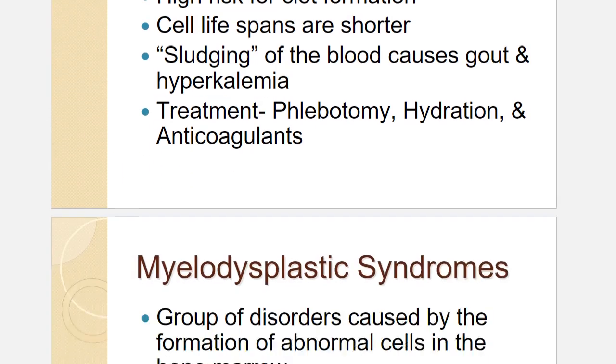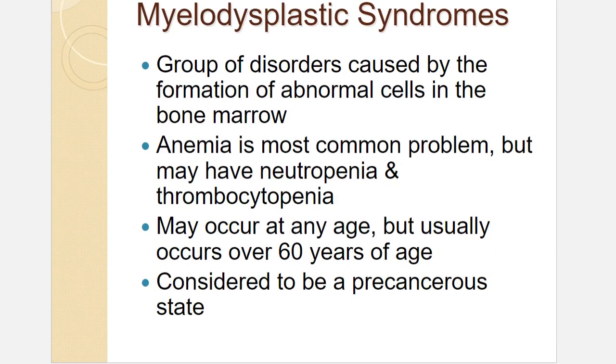And then the next one that we want to talk about here is myelodysplastic syndrome. And this is a syndrome in which, if you go back to, again, remembering stem cells, this particular syndrome is stem cell disorders in which stem cells fail to reproduce and differentiate into various types of blood cells.